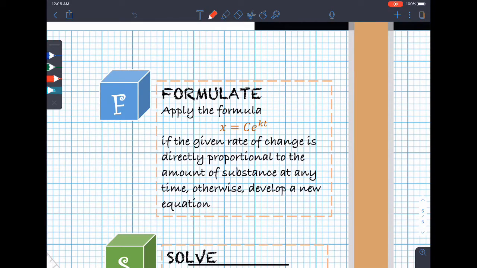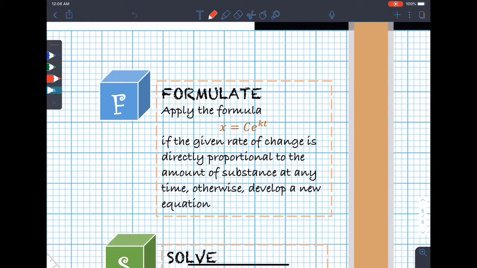But if the relation is just the typical relation, that is, the change in the amount of substance over time is proportional to the amount of the substance at any instant of time, then we could right away use this formula, x = Ce^(kt).